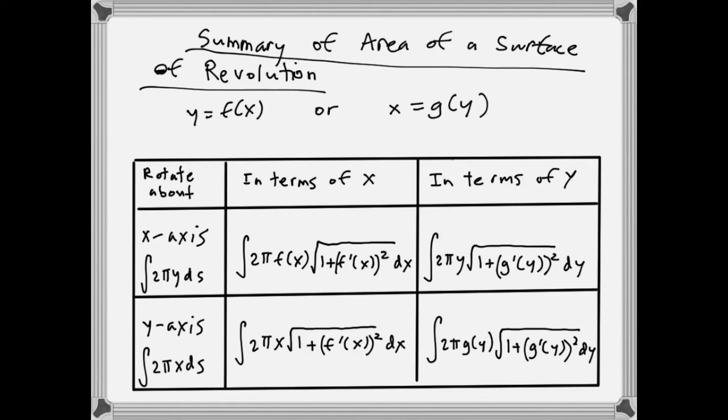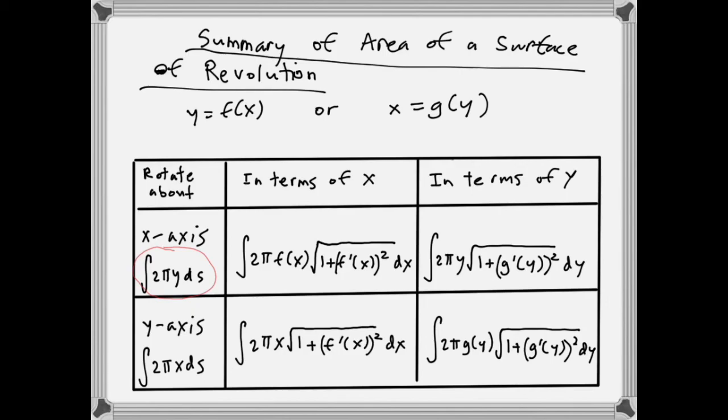And if we're rotating it around the y-axis, we're going to use the second row of the table. So if we are rotating it around the x-axis, we know that it's going to be 2 pi y ds, right? And that's what we have here. Now you'll notice that my table says in terms of x or in terms of y in the columns. And that's because even if you're rotating it around the x-axis, it doesn't mean it's going to be in terms of x.